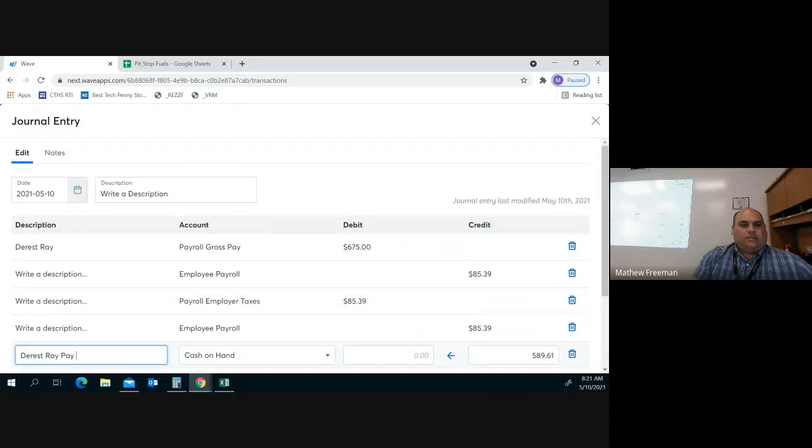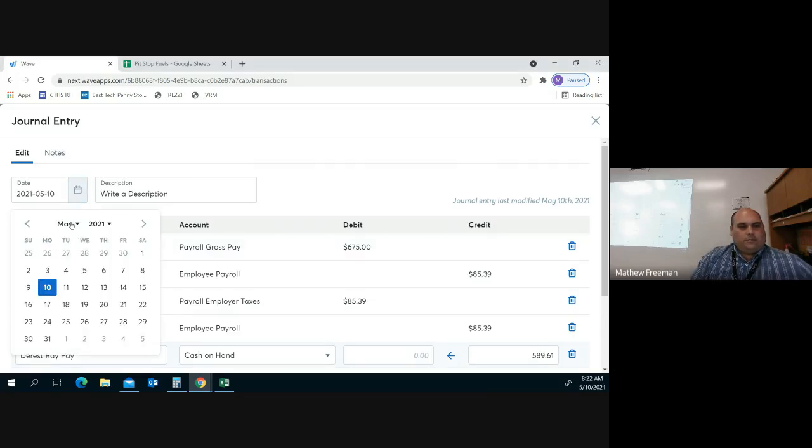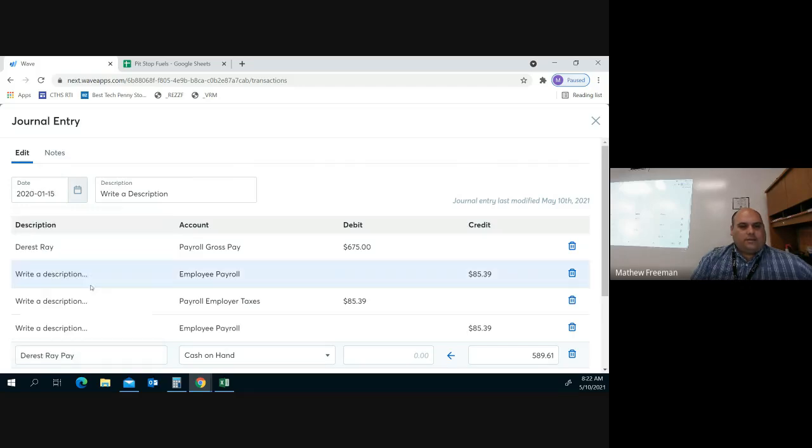And then make sure to change the date. It changes to 2025. And then this is going to be the 15th of January.